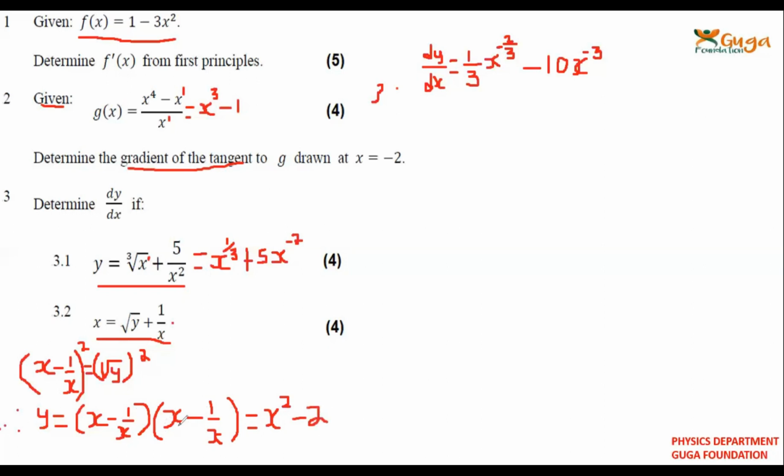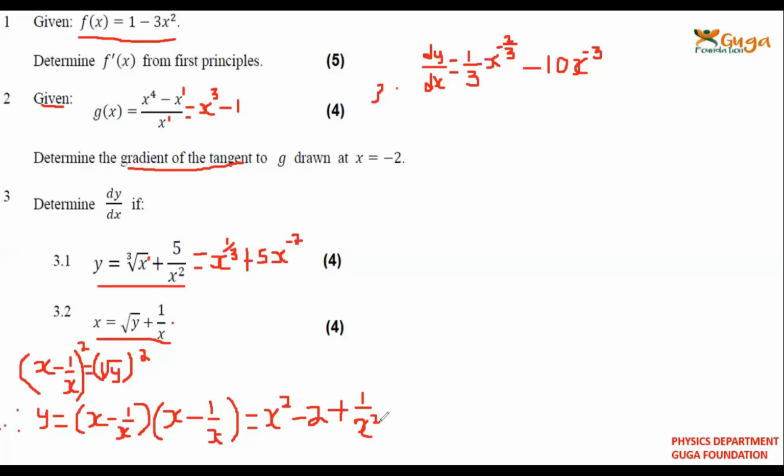The negative 1 over x multiplied by negative 1 over x, that's positive, right? It will be positive 1 over x squared, right?